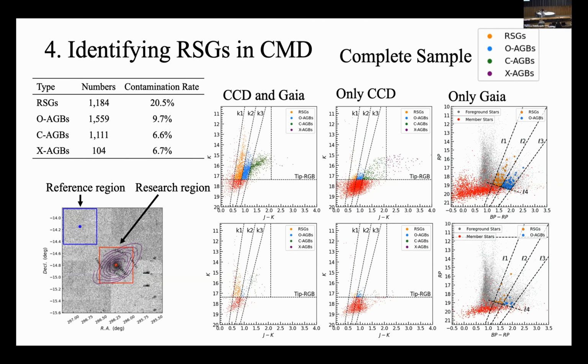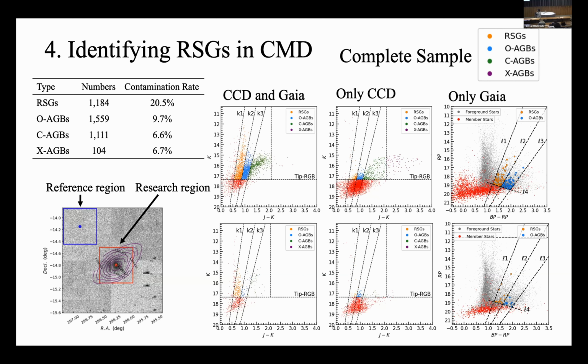The middle figure and the right figure are the complementary samples that present the sources that only satisfy the CCD criteria or only satisfy the Gaia criteria. And in our complete sample, we have 1,184 RSG candidates.